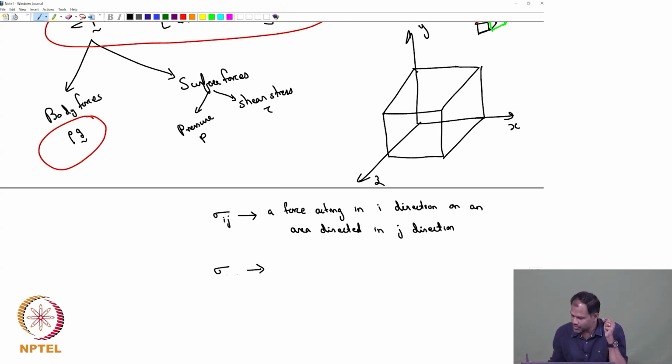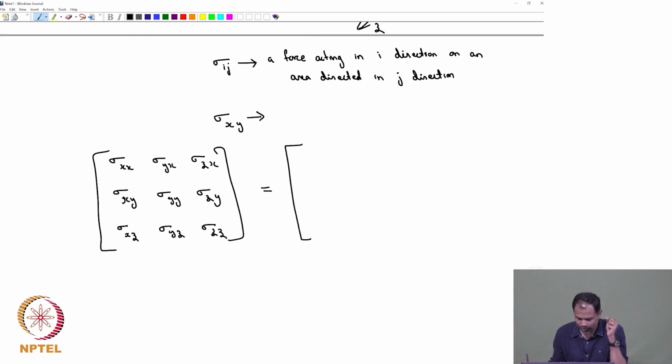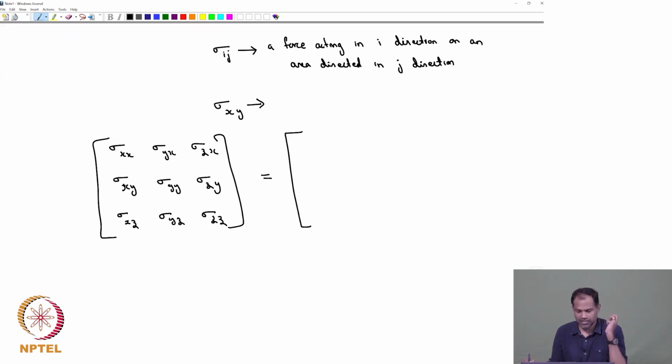So, what I am trying to say is that if you look at your total surface stresses, that is going to be minus P plus tau xx, tau yx, tau zx. So, P will have a component in x direction, and then in addition you can have a stress that will come from viscosity, and we typically use negative sign for P because pressure is considered as compressive.